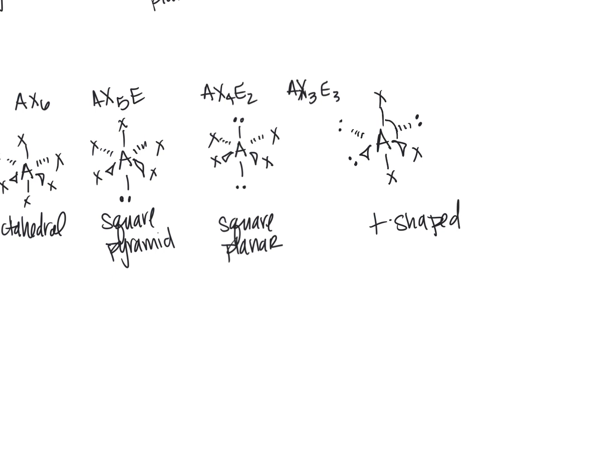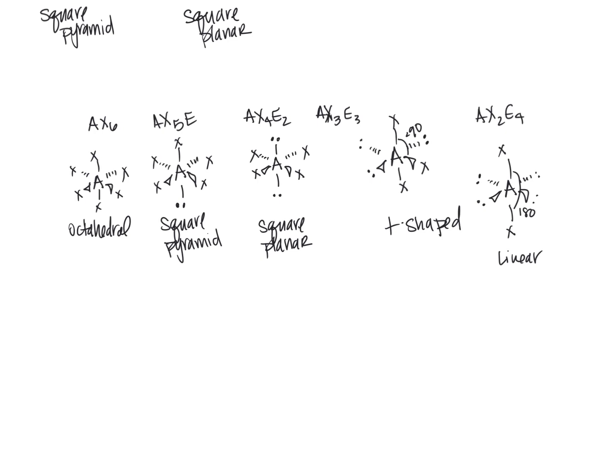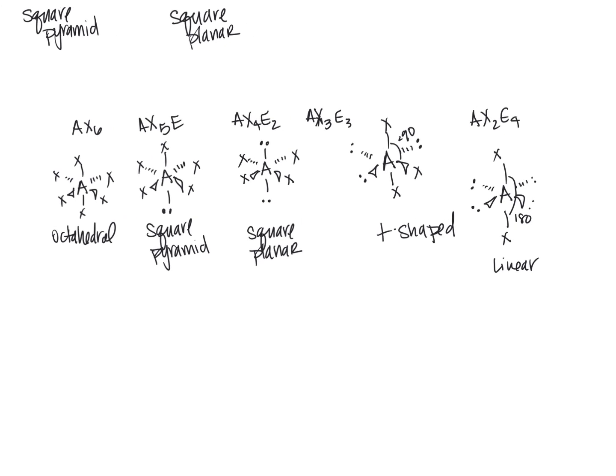And so this angle is slightly less than 90, and if you have AX2E4, you have an A in the center, and your two X's will be along any axis with your lone pairs everywhere else, with the bond angle here being 180 degrees, and this is linear. So if we look at all of these, we can clearly see the arrangement going from fully substituted all the way to having mostly lone pairs.